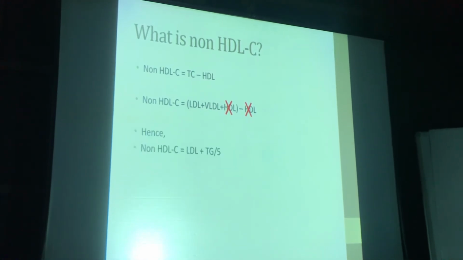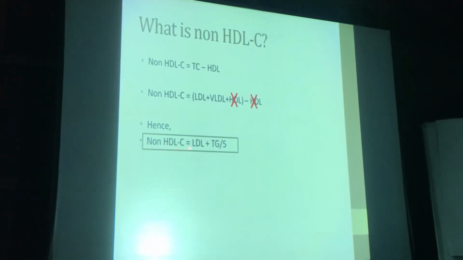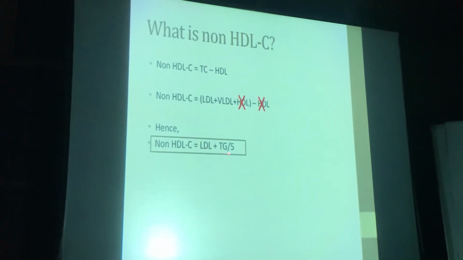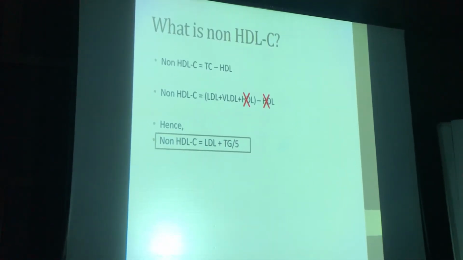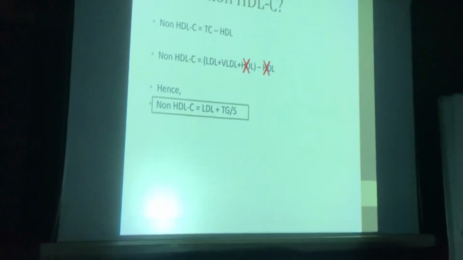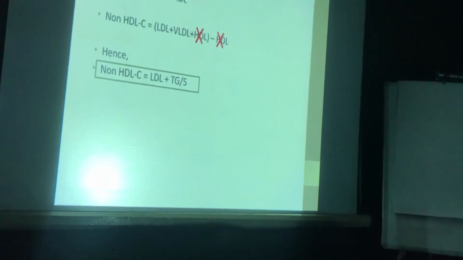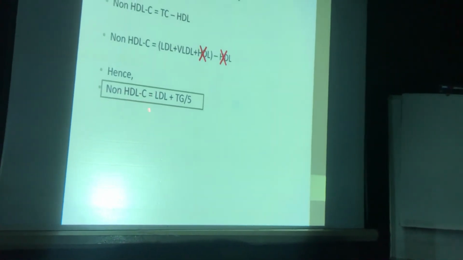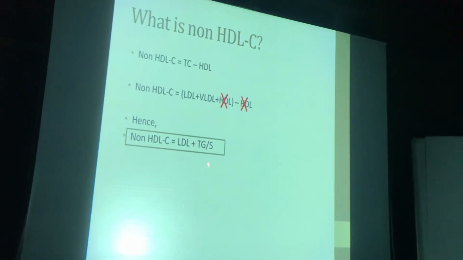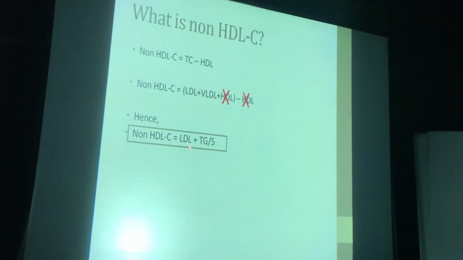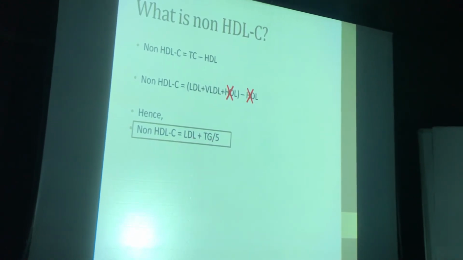If we calculate with the simple formula, non-HDL cholesterol is equal to LDL cholesterol plus 1/5 of the triglyceride. So it means triglycerides do contribute to atherogenic plaques in the long run.